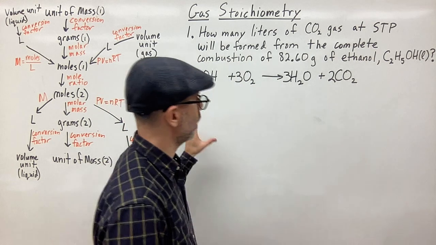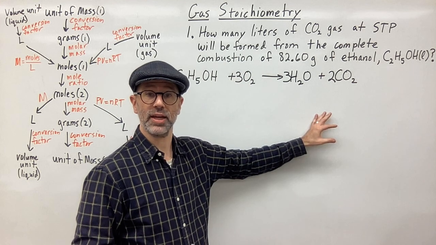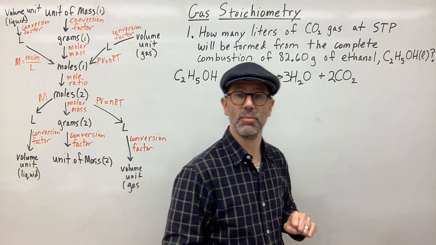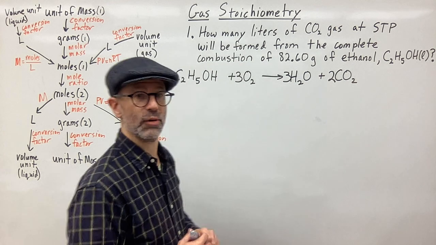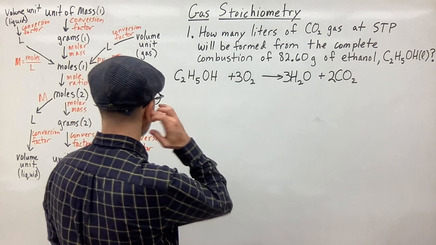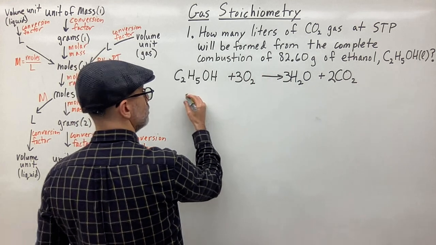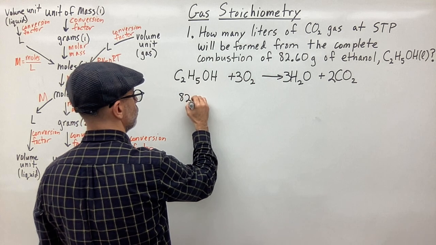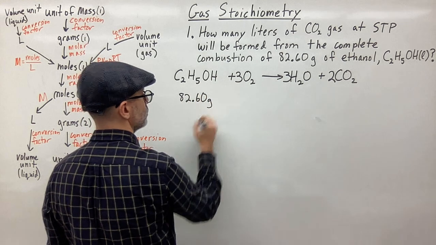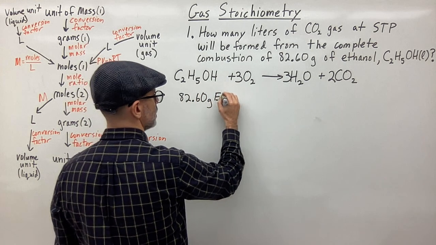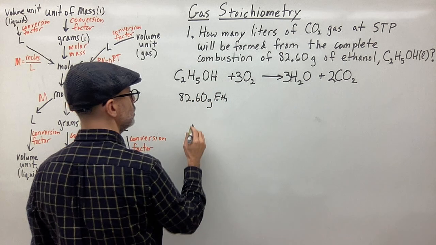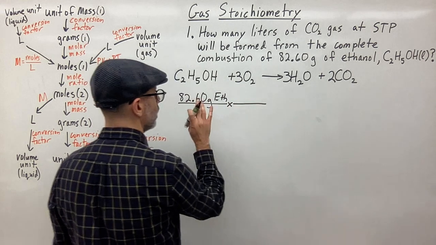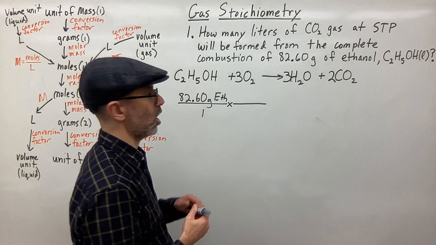So I'm going to show you one way using the ideal gas law, and then I'm going to show you the molar volume way. So I'll do this twice. So the first time, we're going to start with 82.60 grams, and I'll just use ETH for ethanol over 1. And we're going to use the molar mass of ethanol to convert to moles.